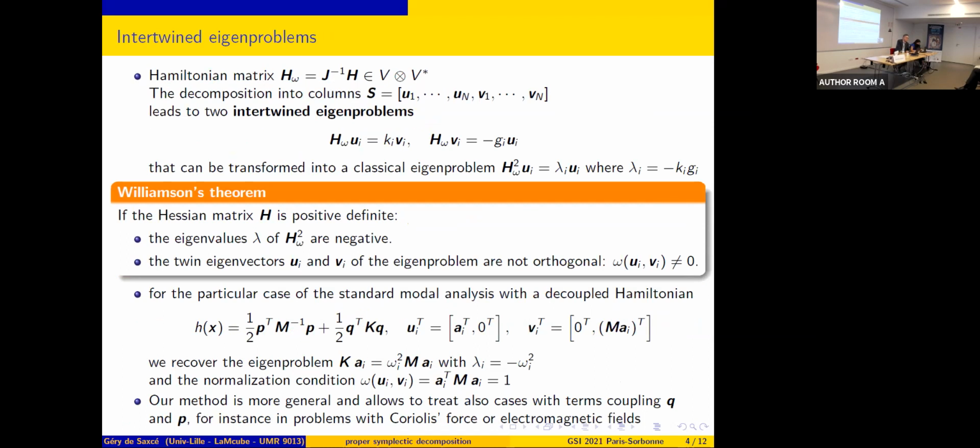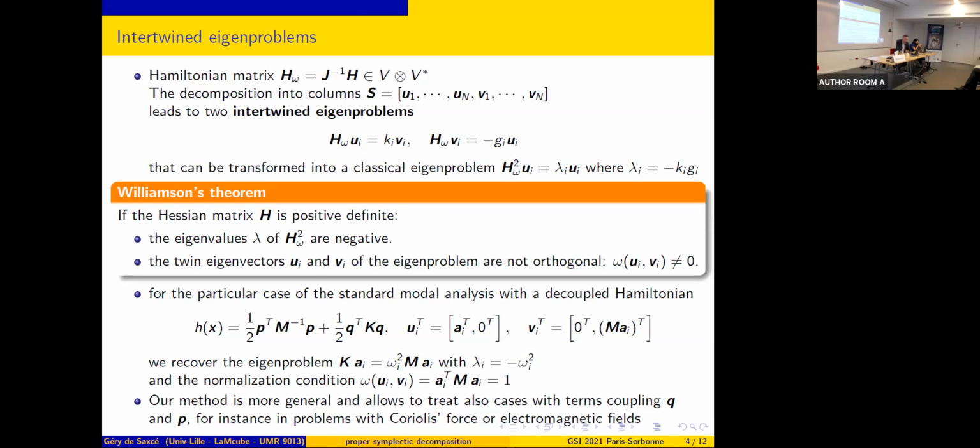We start by constructing the Hamiltonian matrix H omega by applying the sharp isomorphism to H. Next, we decompose the symplectic matrix into a group of n columns U and n columns V. That leads to two intertwined eigenproblems.